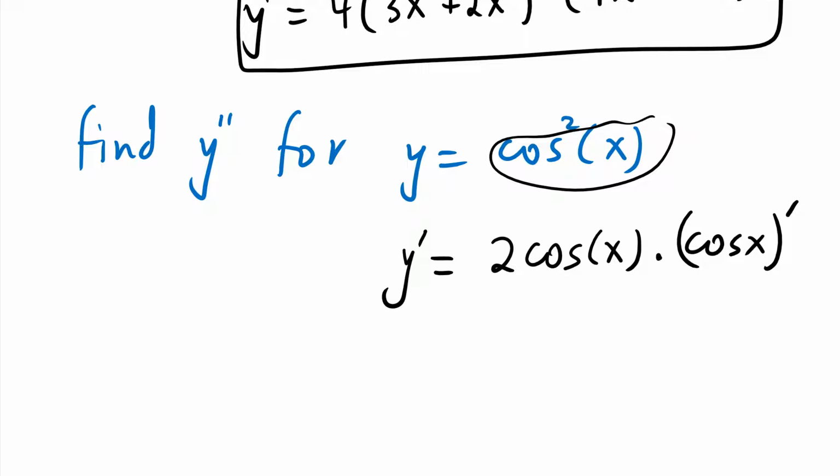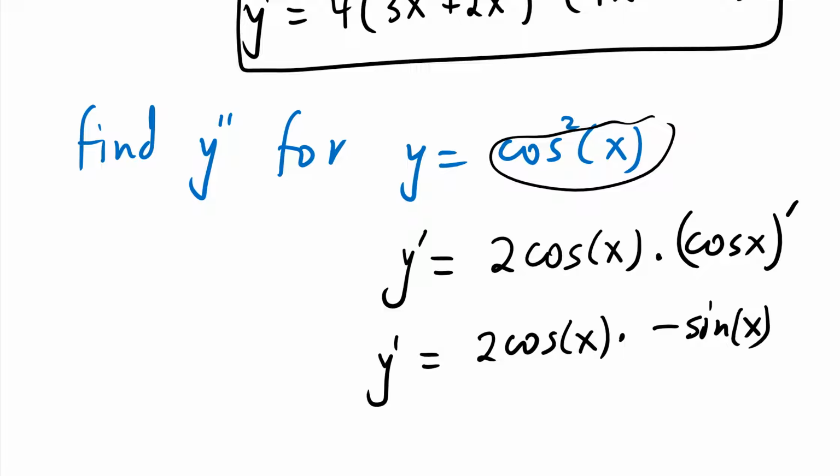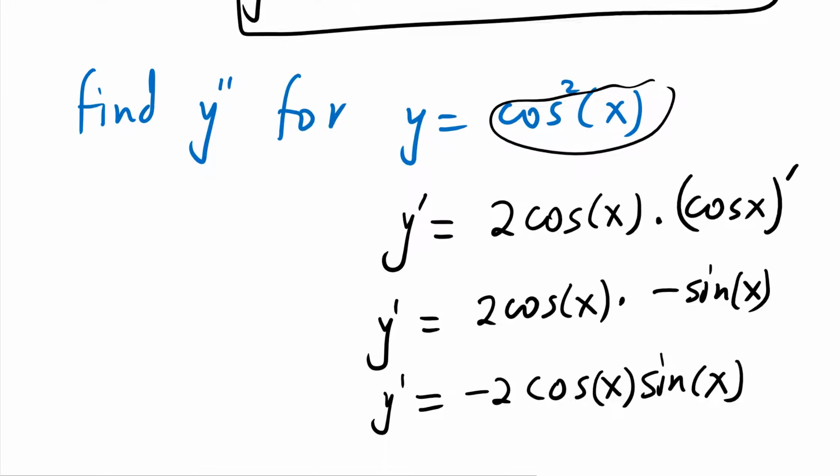Now I brought the 2 down and subtract 1 times the derivative of the circled part. Then y prime equals 2 cosine x stays the same. The derivative of cosine is negative sine. So y prime, bring the negative out, 2 cosine x sine x. That would be an answer.